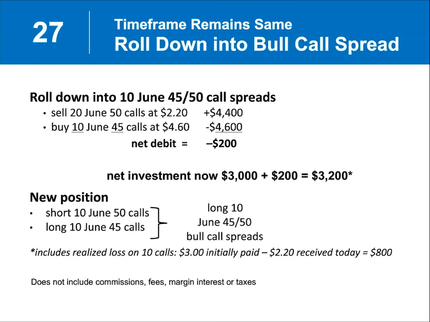Using the numbers on the board, we do that entire trade for a small debit. We've increased our net investment. Our total cost on the trade now is $3,200, and we have a position that looks completely different. We now own 10 June 45-50 call spreads. This is going to drastically change our risk profile, as we're going to see on the next slide.